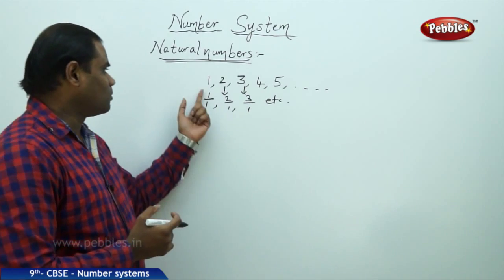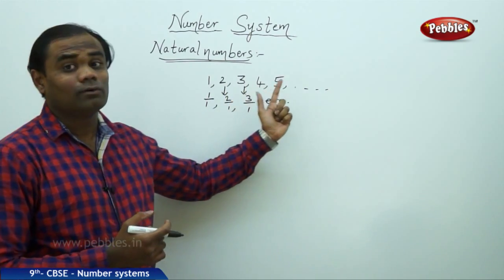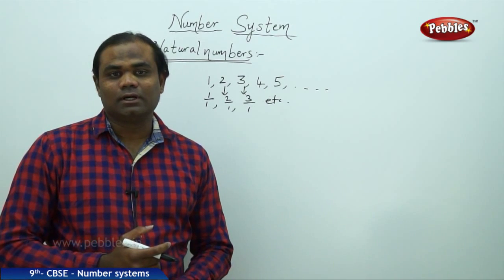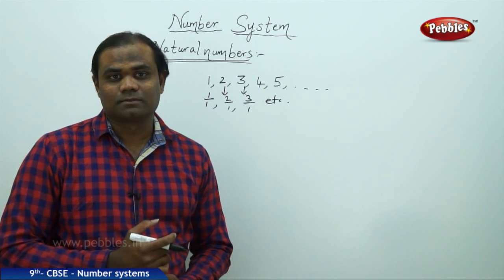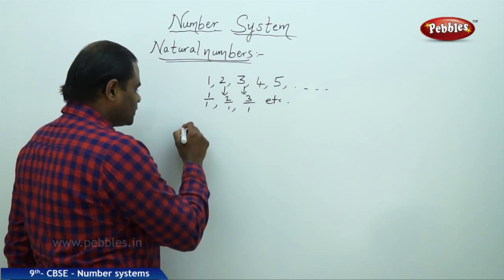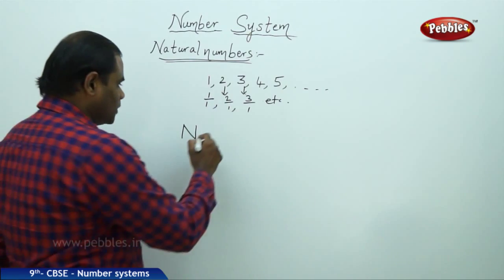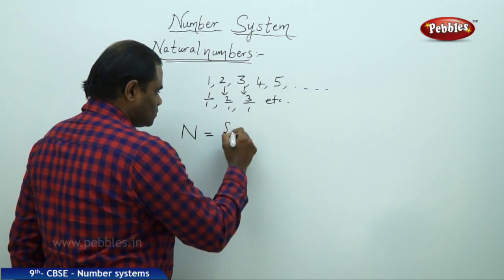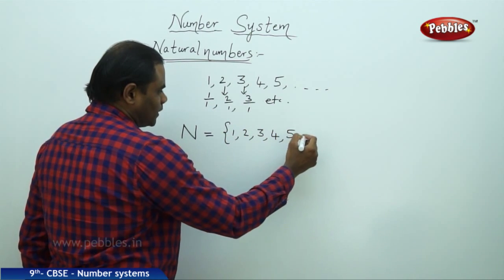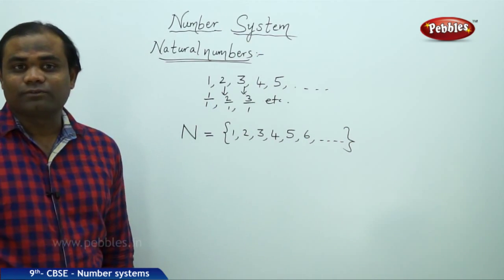And the numbers which are positive and start with 1. So 1, 2, 3, 4, 5, 6, 7, 8, so on and so forth till infinity are called natural numbers. And usually the natural numbers are denoted by capital N. Capital N equals 1, 2, 3, 4, 5, 6, and so on is the set of natural numbers.